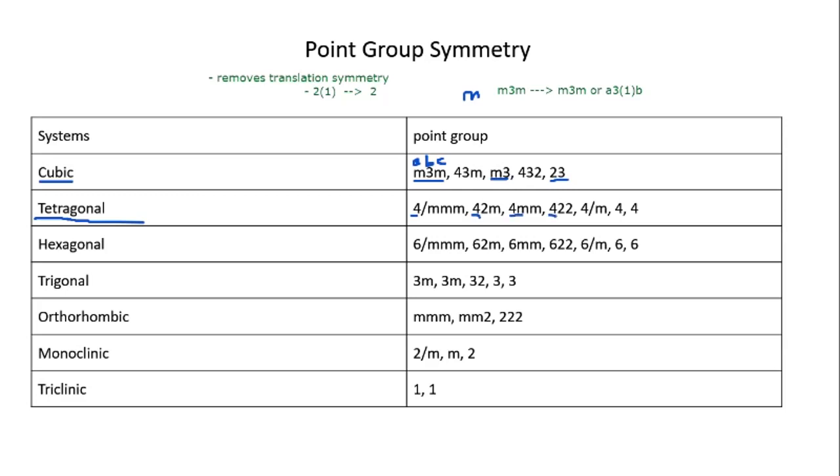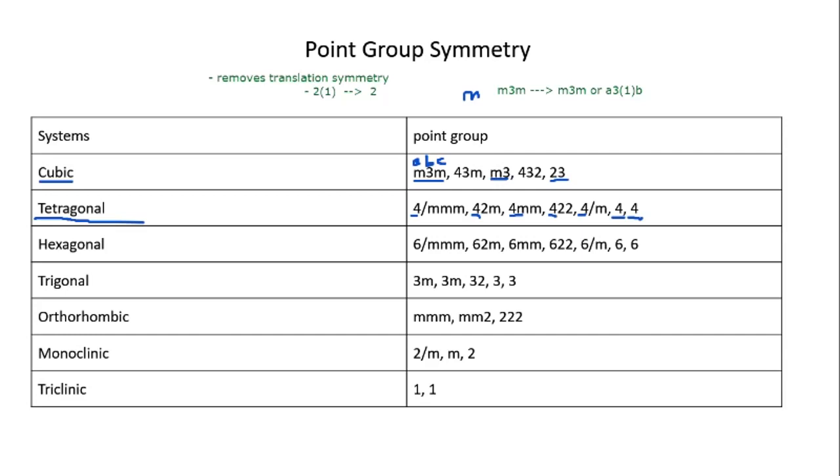So every tetragonal space group will list a fourfold. It could be a rotation or it could be a screw axis in the space group. So if you see a fourfold rotation or screw axis in a space group, automatically you should know it's tetragonal, because that's the unique characteristic in all tetragonal space groups.